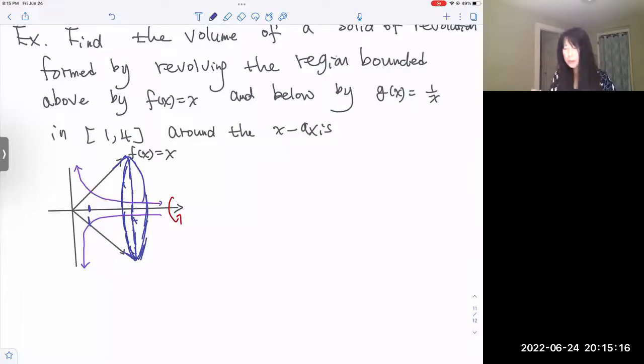All right, can you see that there is empty space in the middle? This is empty.